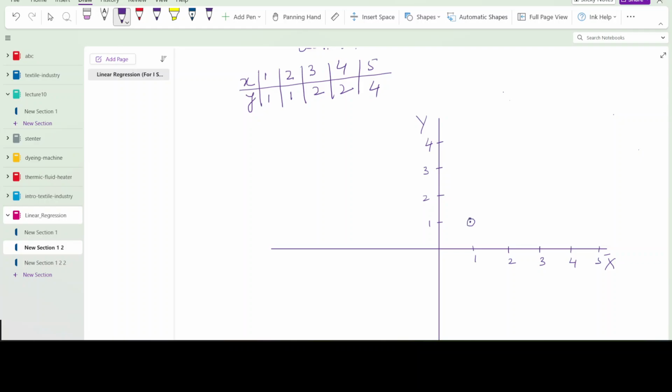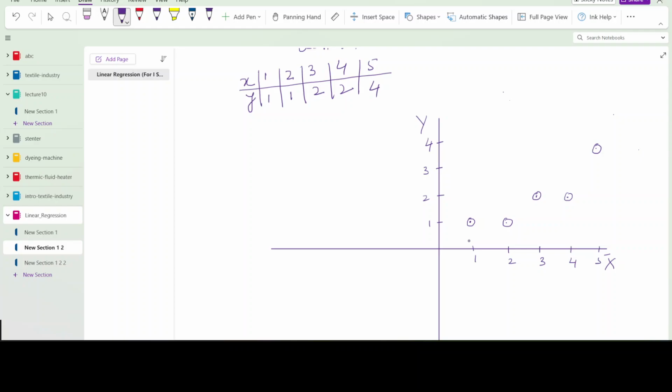First point (1, 1), then (2, 1), then (3, 2), then (4, 2), and finally (5, 4). We have 5 data points, and as you see, these observations are not lying on a single straight line.